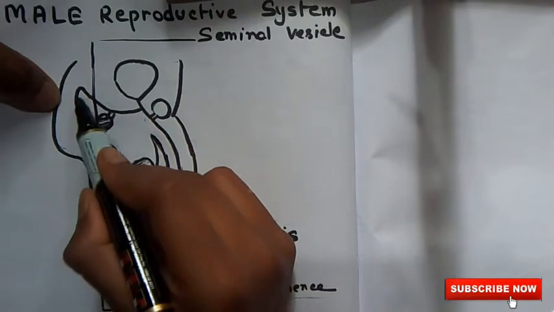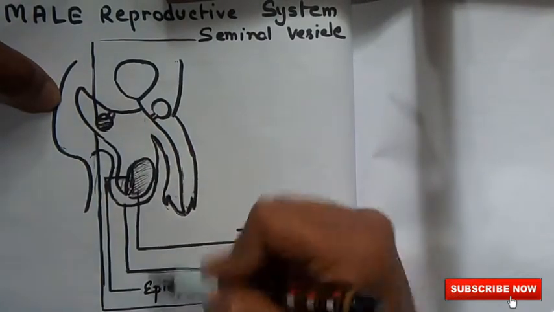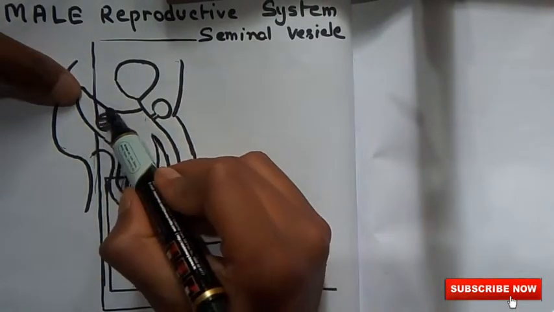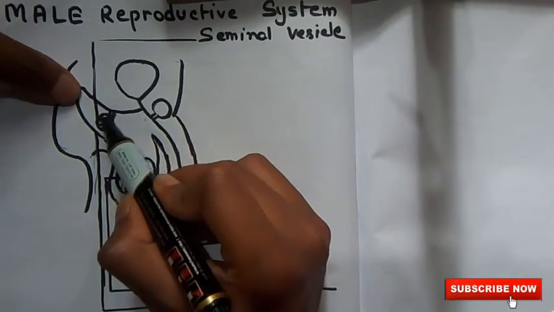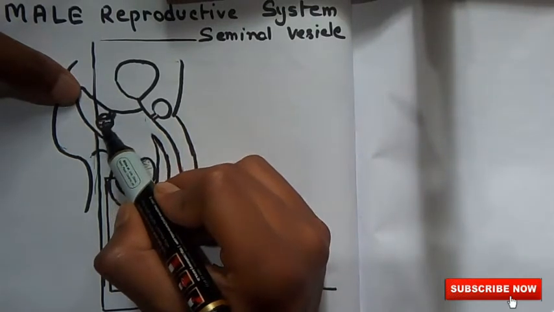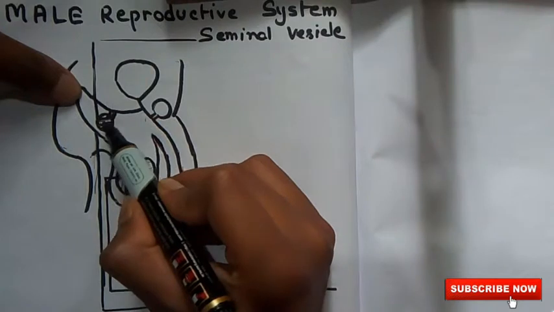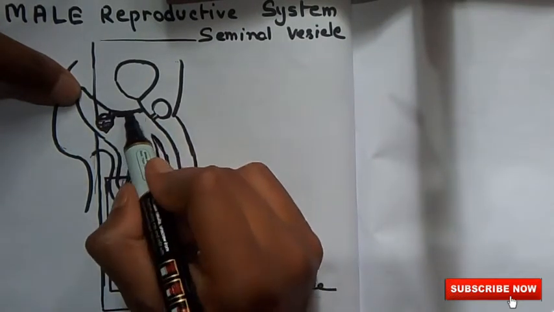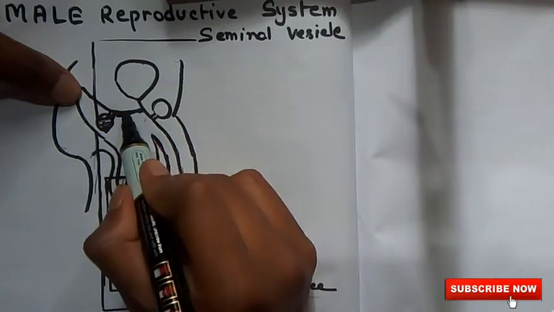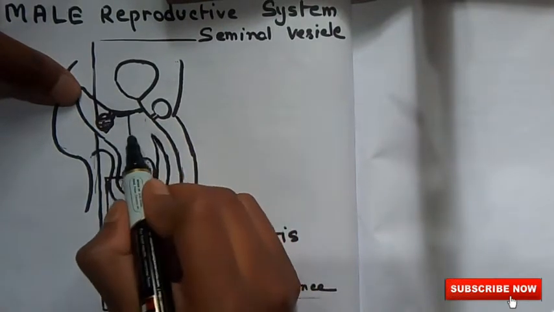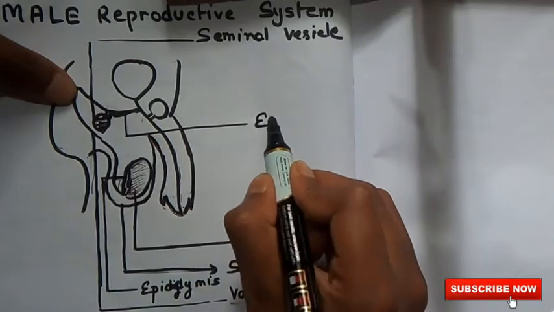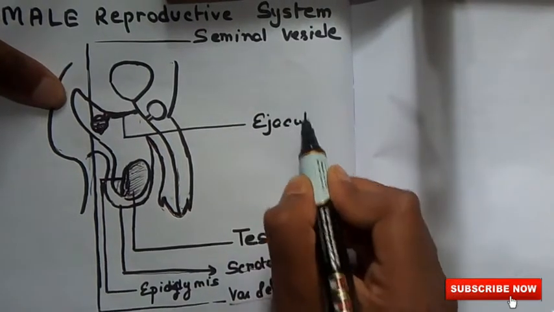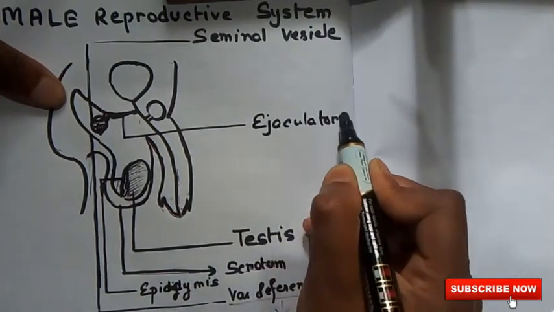From the seminal vesicle you can see here a duct which is called the ejaculatory duct.